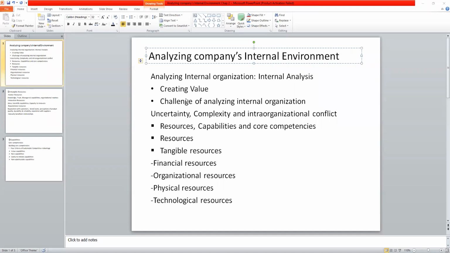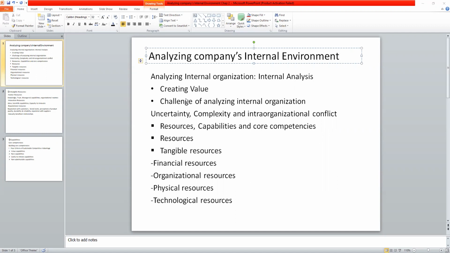This leads to the development of a firm's core competencies or its competitive advantages. Now, understanding how to leverage the firm's particular resources and capabilities is the major key outcome for the decision makers while analyzing the internal organization.